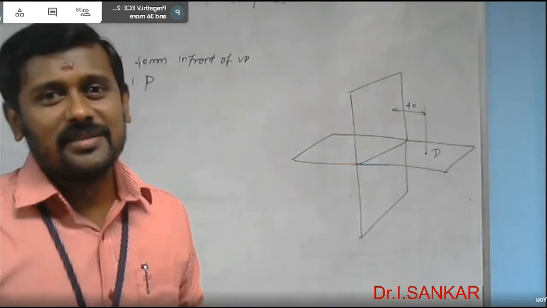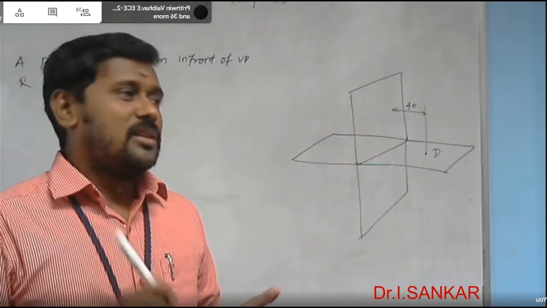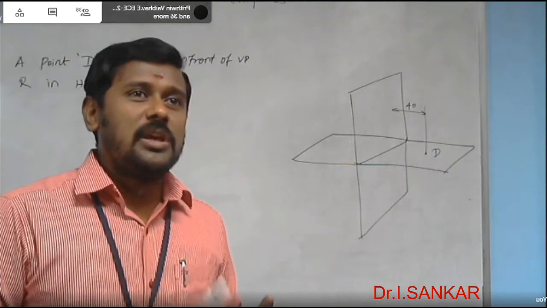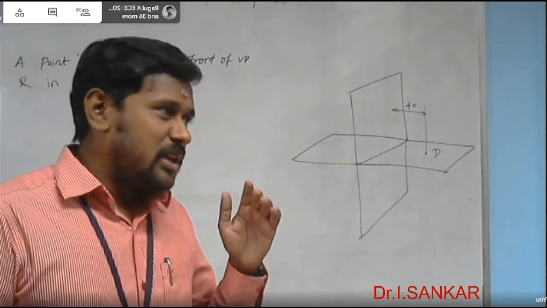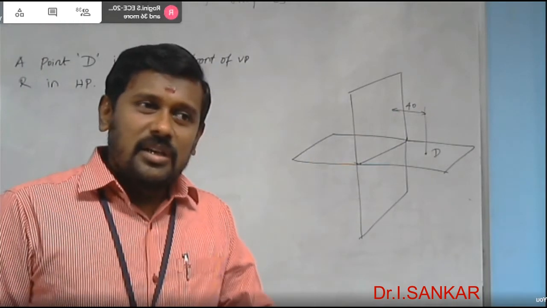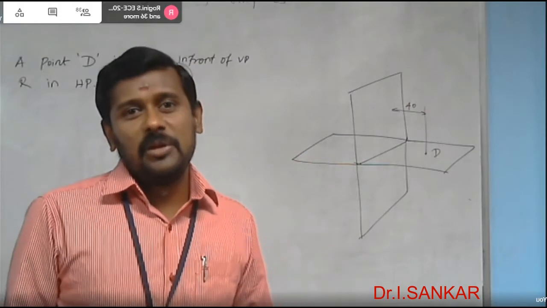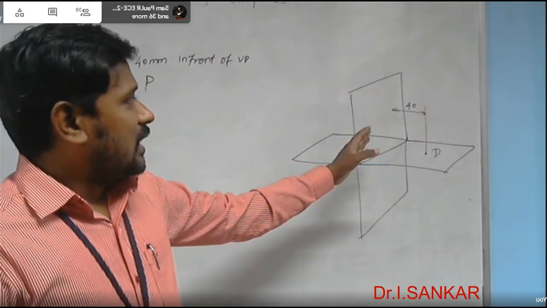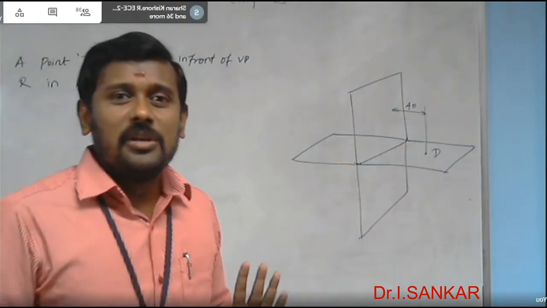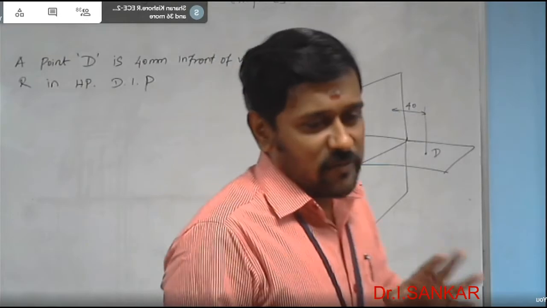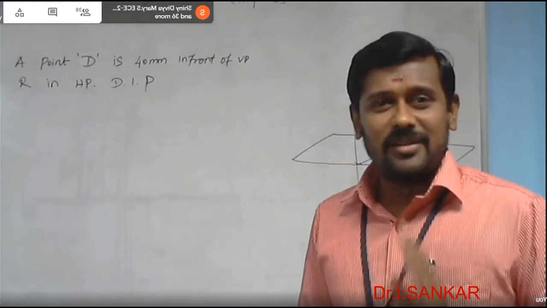In which quadrant is it? If it is said to be in the first quadrant, the location of the point should be above HP and in front of VP. If it is in the fourth quadrant, the statement should be below HP and in front of VP. Now it is neither above nor below HP, it is in HP but in front of VP. So the competition is between the first quadrant and the fourth quadrant. In which quadrant does this point actually exist?